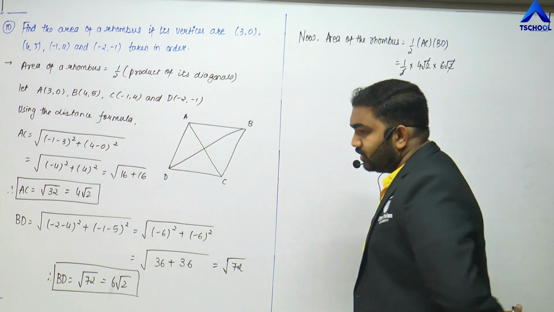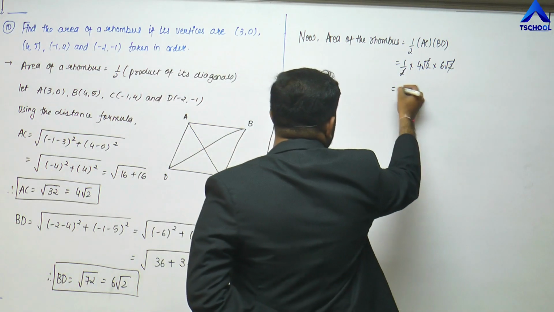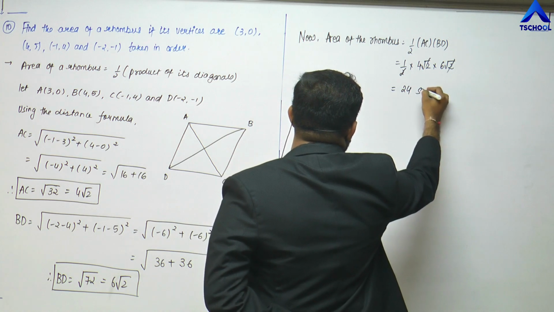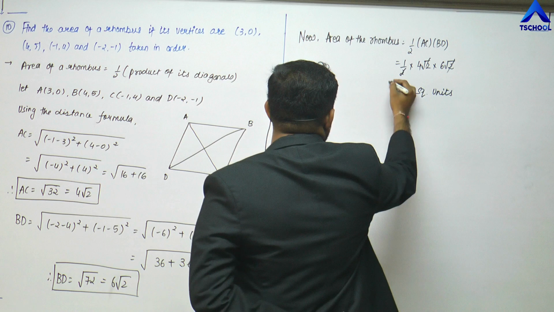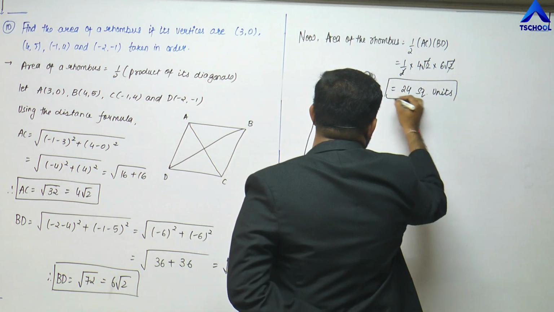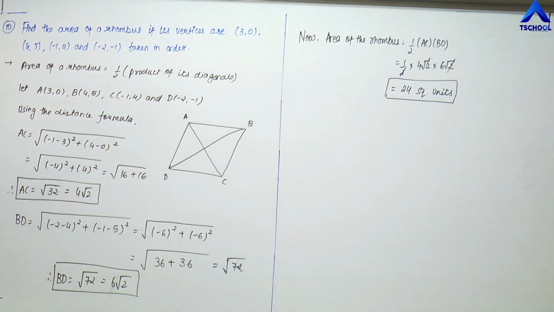Root 2 into root 2 is 2, and that 2 and 2 can be cancelled out. So that is equals 6 into 4, 24 square units. That is the required area of the rhombus. Therefore rhombus has an area of 24 square units. Is it clear, friends? So that is about the distance formula in this chapter. Okay.